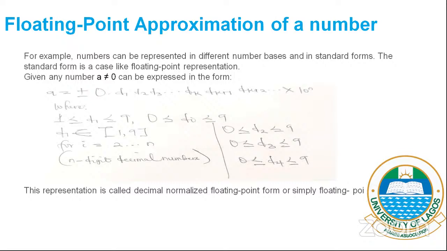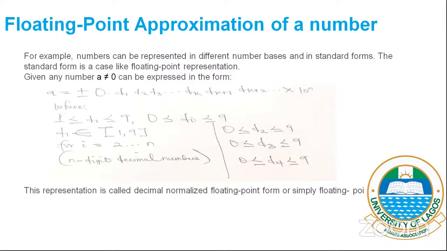So in this particular example, most floating points are decimal point approximation, because most of us are familiar with scientific notation, where we use a decimal to write scientific notation of some numbers. Now, given any number a, not equal to 0.